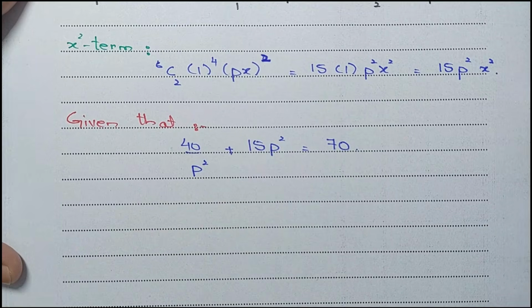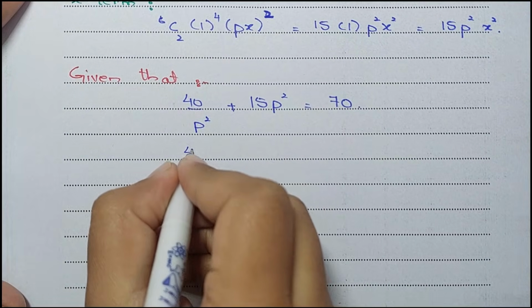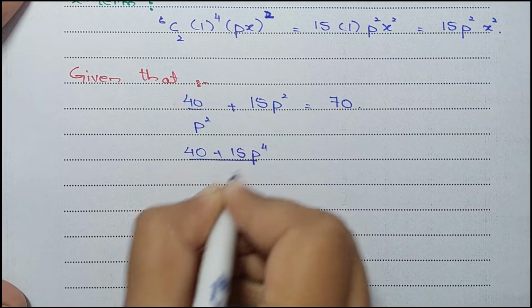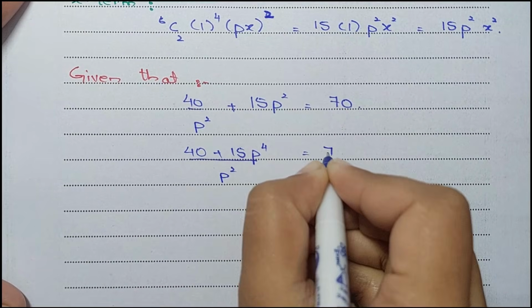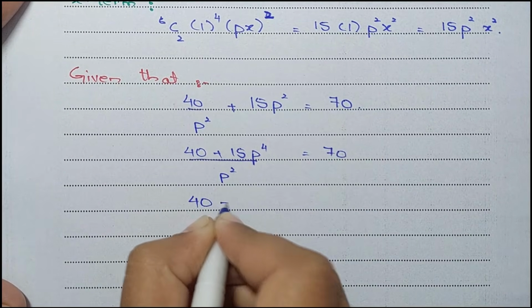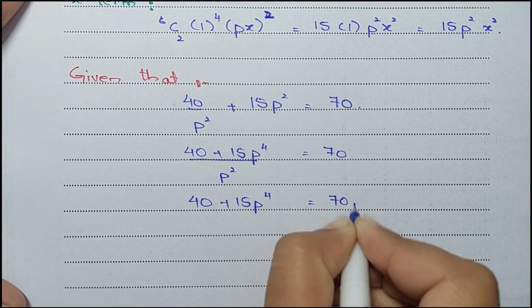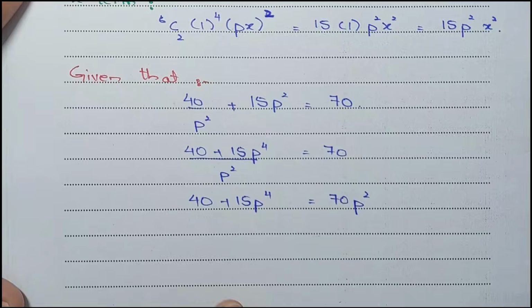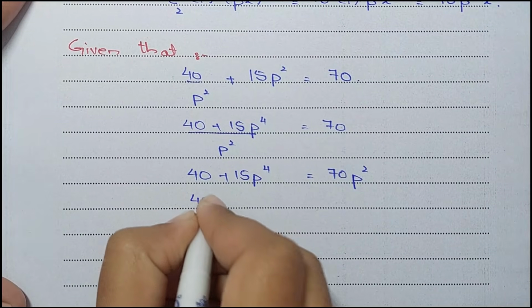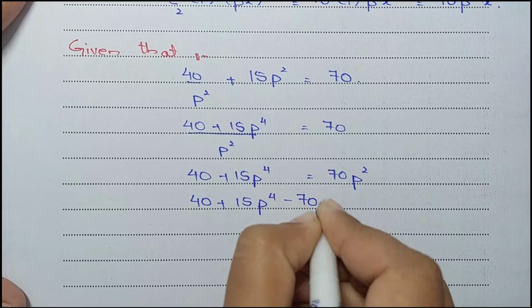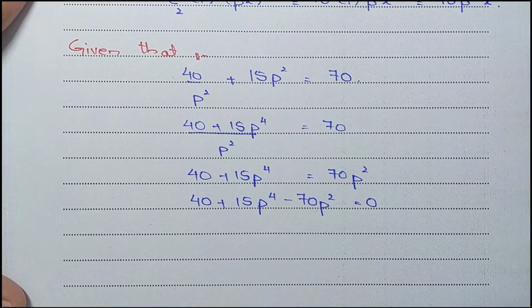Okay. Now take the LCM. We have 40 plus 15p to the power 4, divided by p square, equals 70. Cross multiply: 40 plus 15p4 equals 70 times p square. Shift this term over here. This is 40 plus 15p4 minus 70p square equals 0.